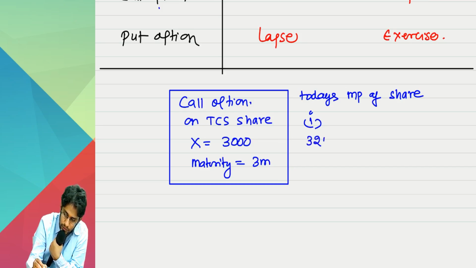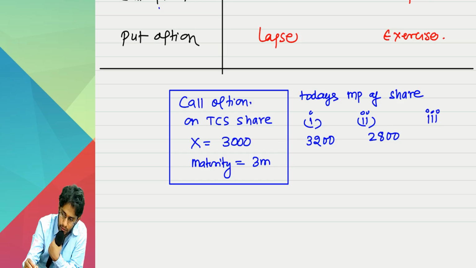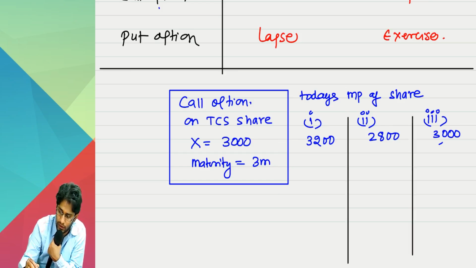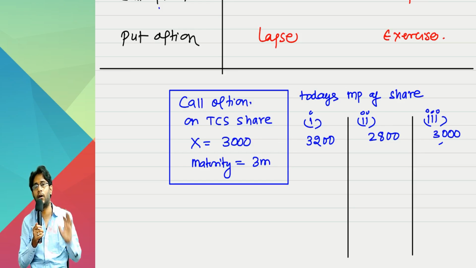Case 1, 3200. Case 2, 2800. Case 3, 3000. Now, for each case you should analyze and tell me whether the call option given to you is attractive or not attractive.